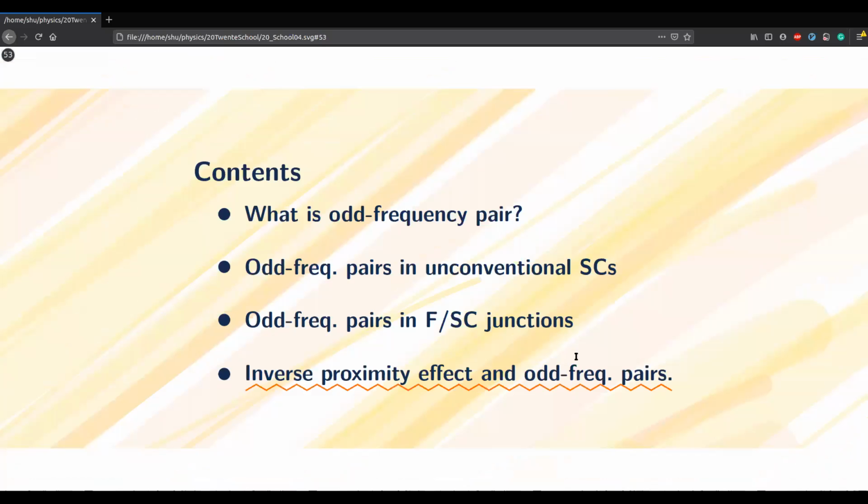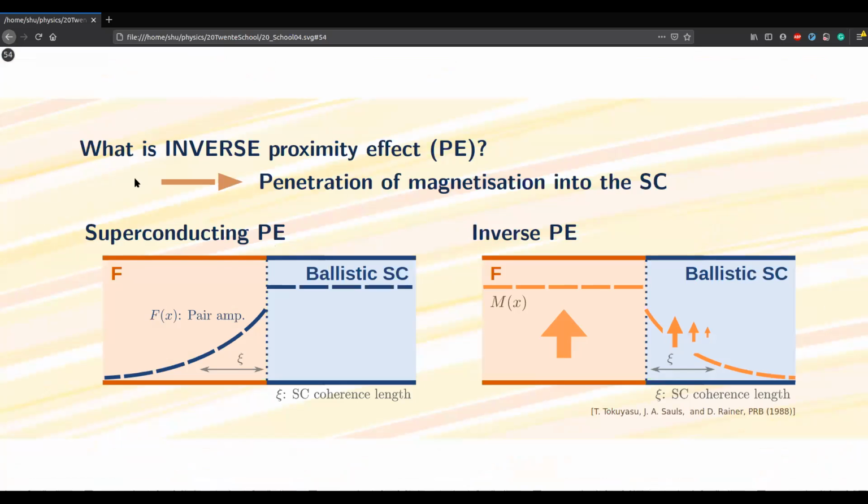Then let's move to our recent works. Recently we studied the relation between the inverse proximity effect and the odd-frequency pairs. Let me first explain what the inverse proximity effect is.